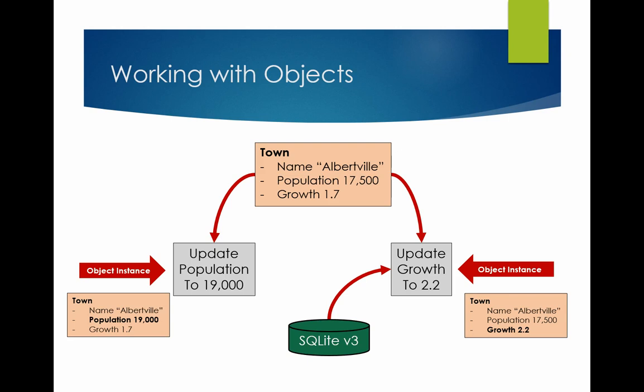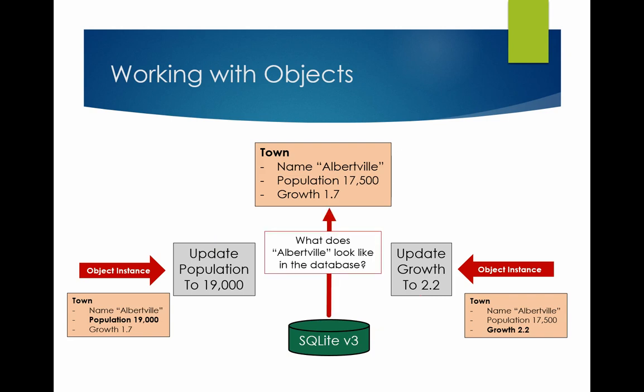So you have basically two instances, one with population 19,000 and a second one with growth 2.2. You come along and you say, I'm going to update this instance into the database, and I'm going to update this population into the database, and then you come along later and you update the growth rate into the database.